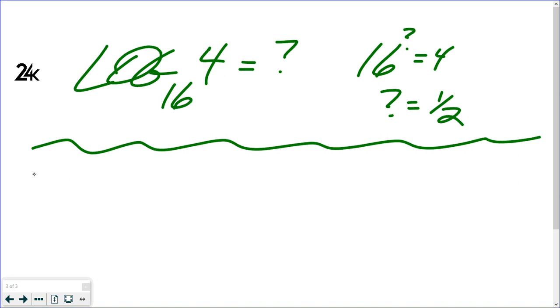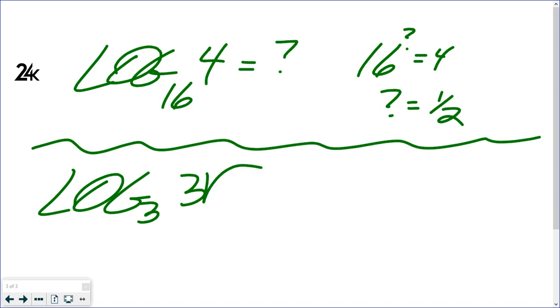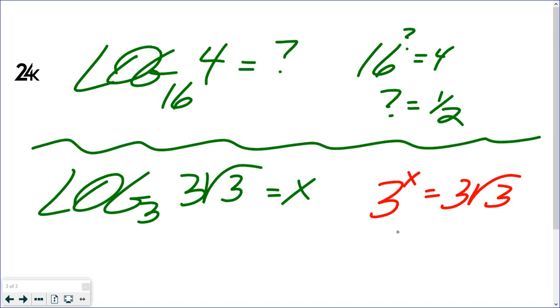Here we go. Let's do a fancier one. What if it was log base 3 of 3 square root of 3? What does that equal? That would just mean 3 to what power equals 3 square root of 3. And you're like, dang, there's a lot of 3's there. So maybe I'm going to keep this side alone, and I'm going to write this side as 3 to the first times 3 to the half.